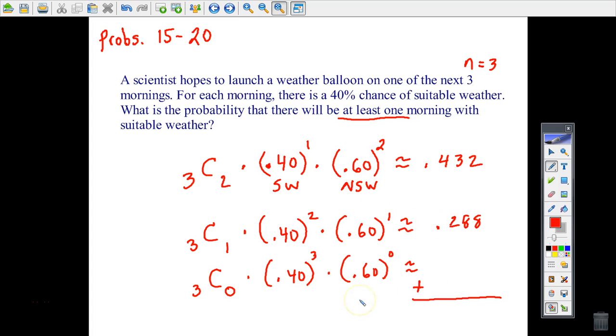And then finally, let's do this last term in the expansion, 3 NCR 0 times 0.4 to the third times 0.6 to the 0, which we know is just 1, and that's 0.064. Okay, now I need to add these three decimals together to get my final answer. So let's see if we get the same thing. And my final answer here is 0.784.